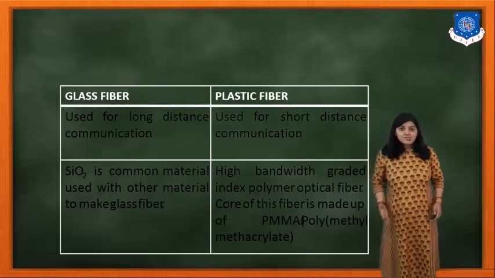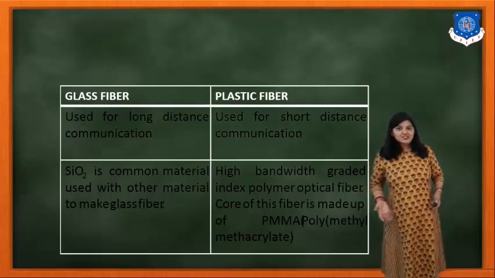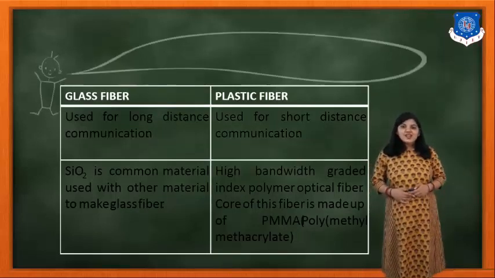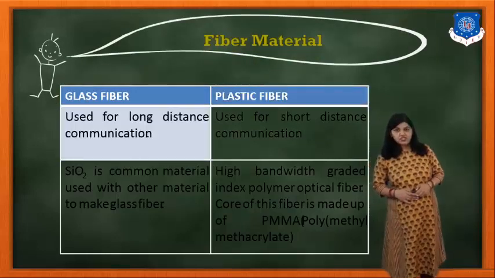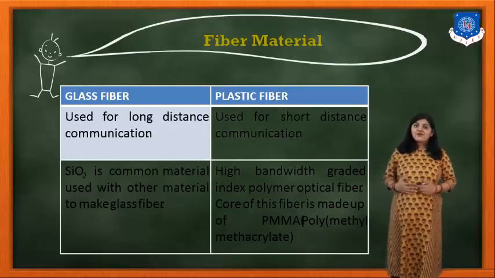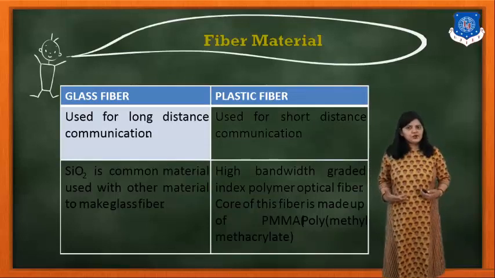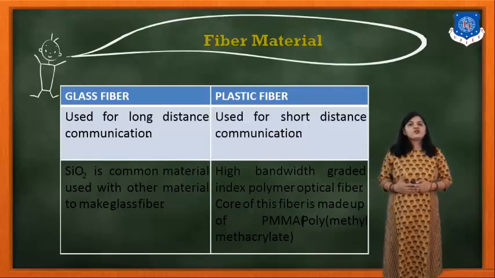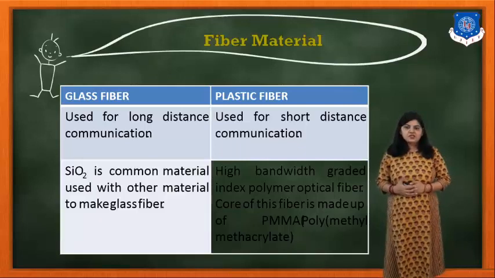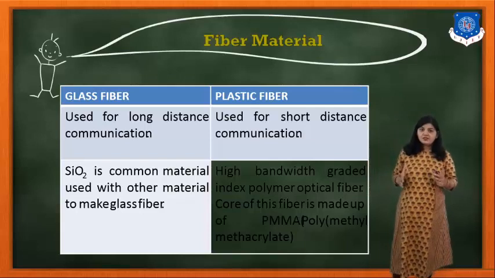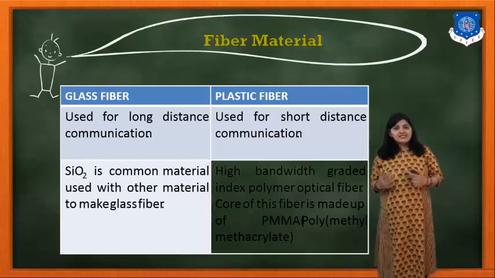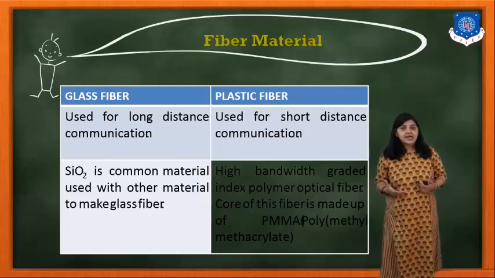Again, for the glass fiber the temperature range is higher, and that is why it can be used for long distance communication. And the plastic fiber can again be good, but it can be used for short distance communication. The material which can be used to make the glass fiber is normally glass silica.